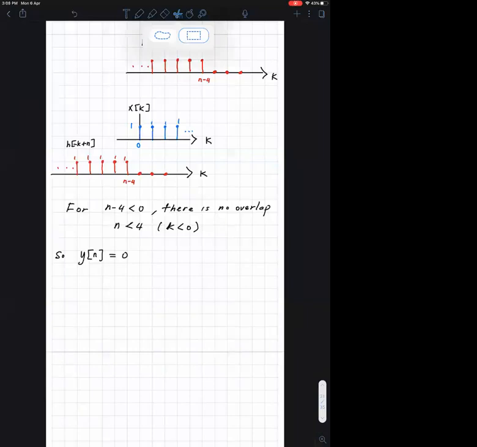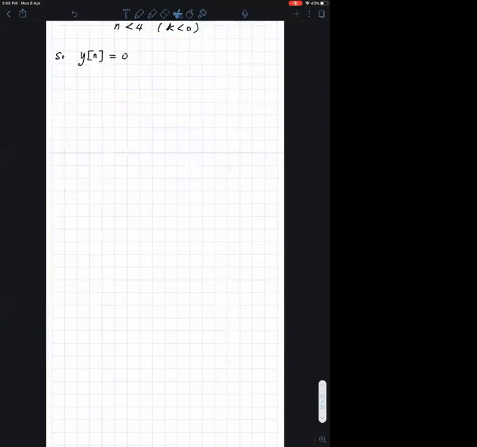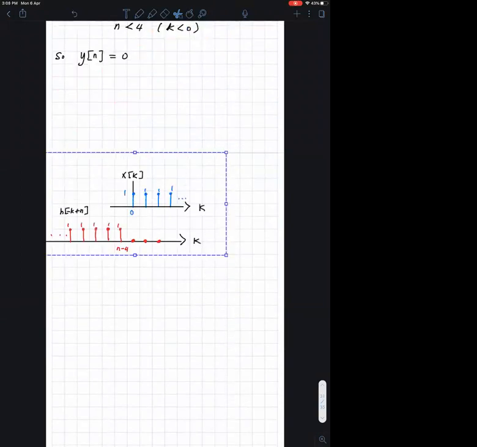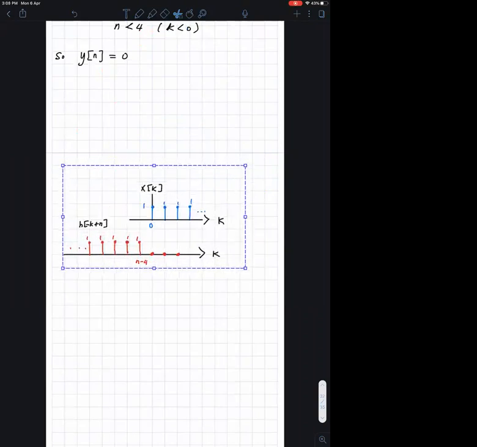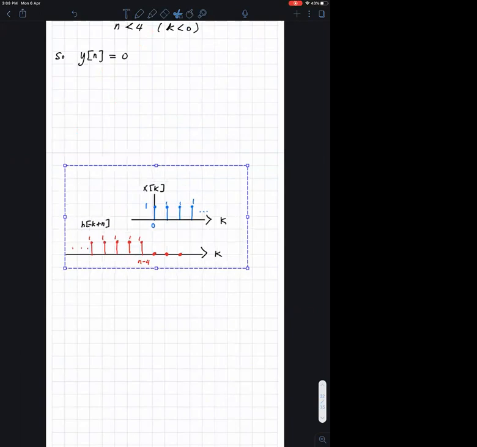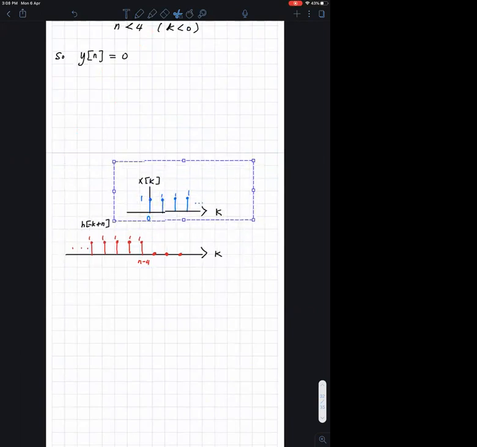So I'm just doing this step by step, showing clear steps. It might look as though the problem is difficult, but that's because I'm doing a lot of steps. So now you start overlapping them. Let me put this a little bit higher.